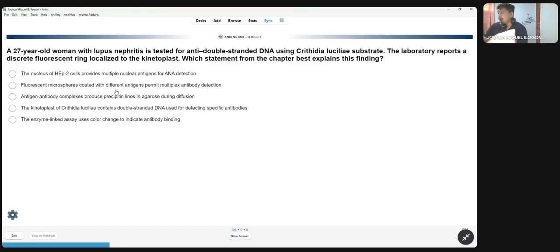We have a discrete fluorescent ring localized to the kinetoplast. Crithidia luciliae. Have I read about this?